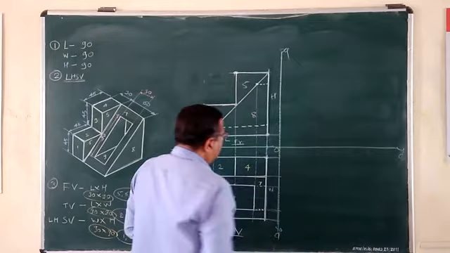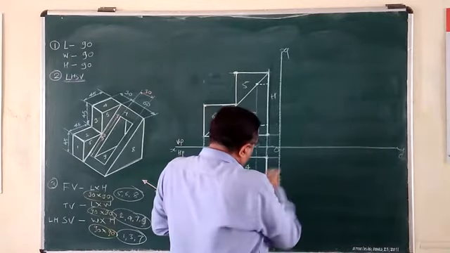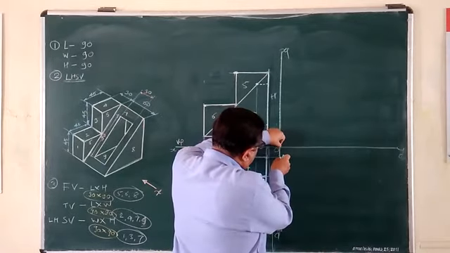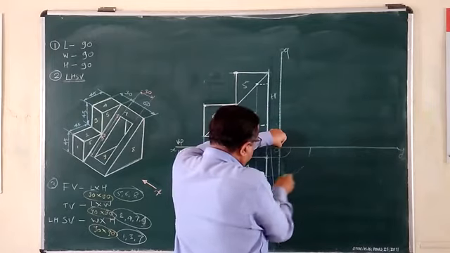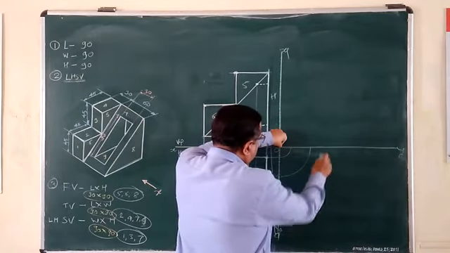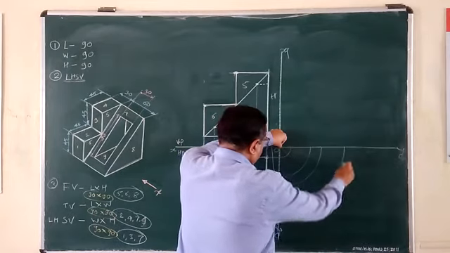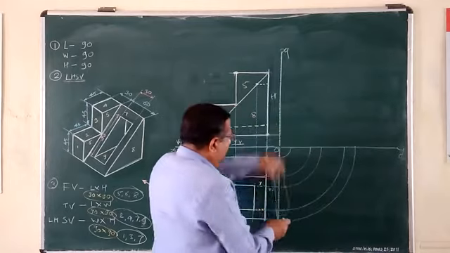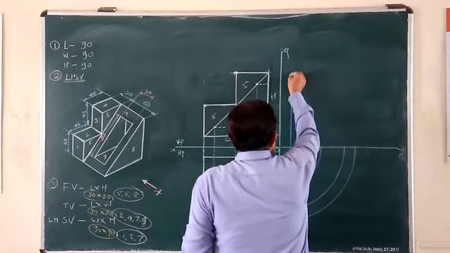By compass, those horizontally stretched projection lines you have to tilt by 90 degrees up to the HRL, in this way. So go on tilting those horizontal projectors up to the HRL, and again from the HRL you have to extend them in an upward direction in this way.